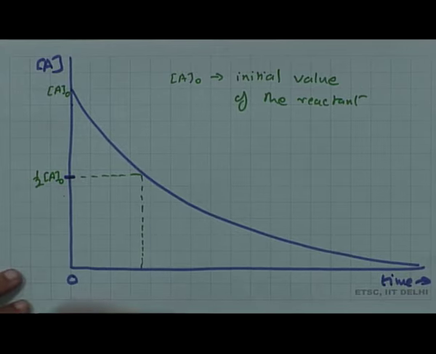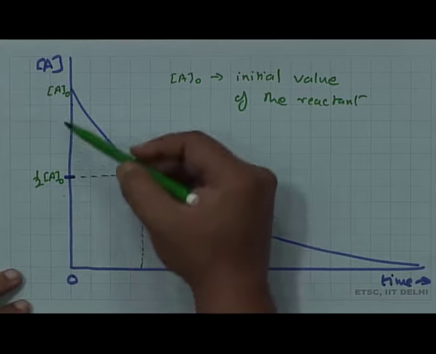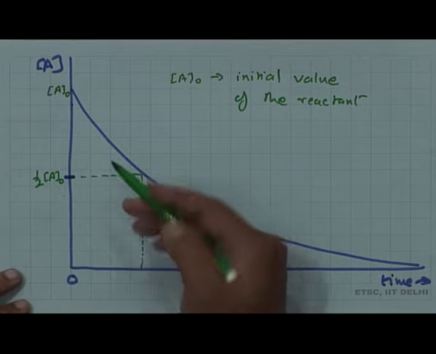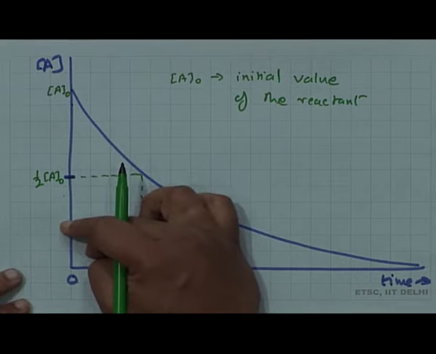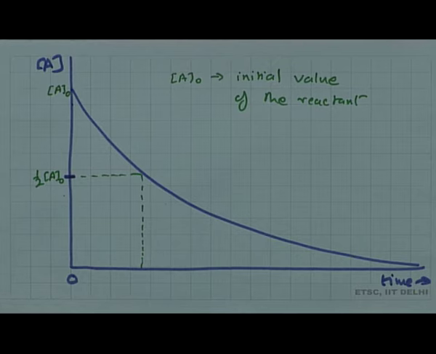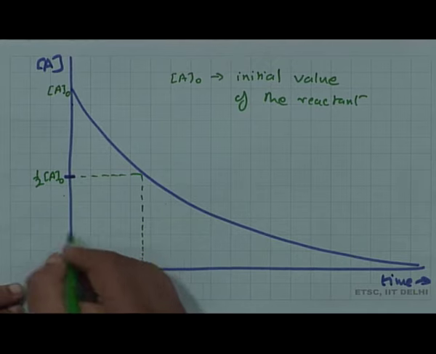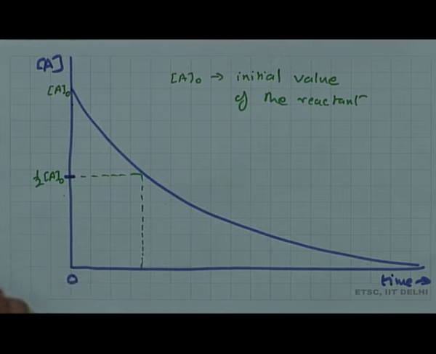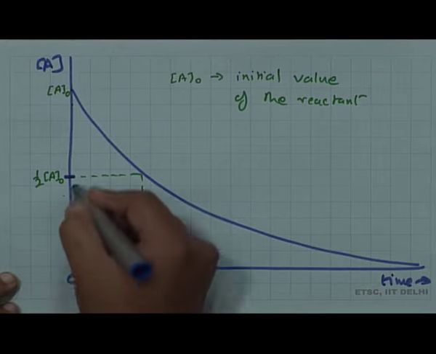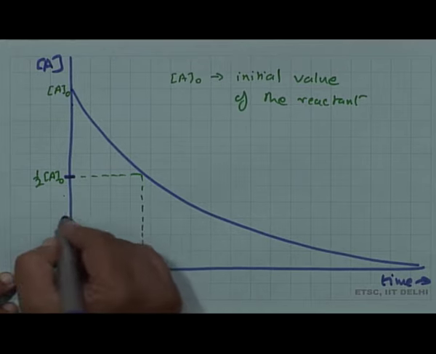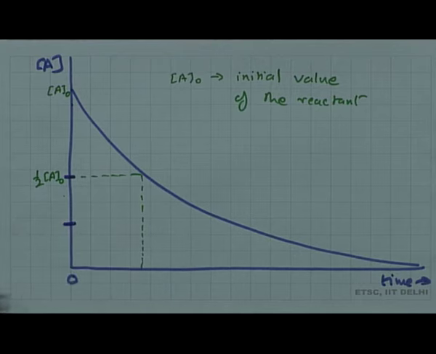Now, what you can also figure from here is that if I am having half A naught, from here to here I can again come to half of it. So, let me put this, okay.